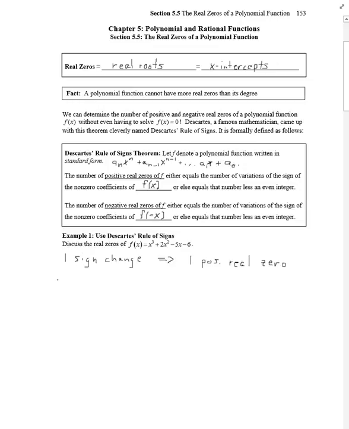Okay, now we need to decide about the possible negative zeros. So we're going to find f of negative x. And to do that, we're going to put negative x in everywhere there's an x.